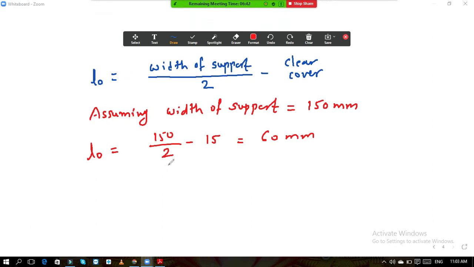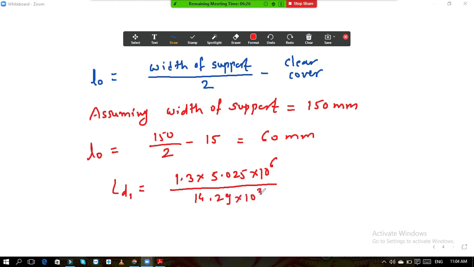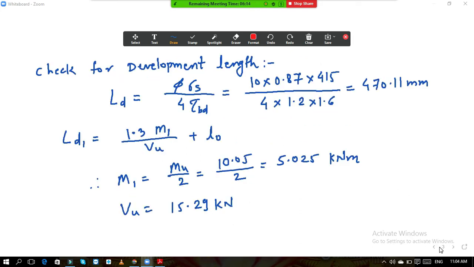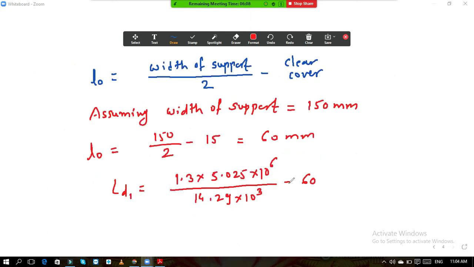Now find the value of LD1. It is 1.3 into M1, which is 5.025 into 10 to the power 6, divided by VU, 15.29 into 10 to the power 3, okay, plus L0. So L0 is 60. Sorry, it is not minus, it is plus.